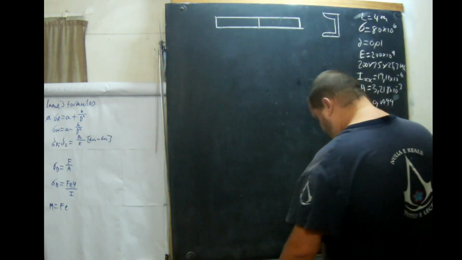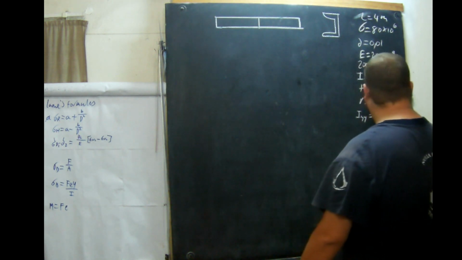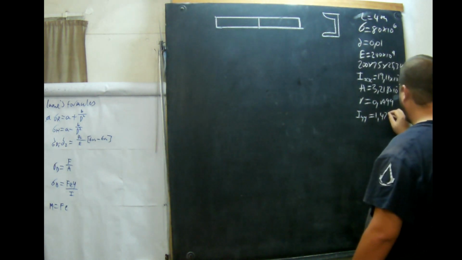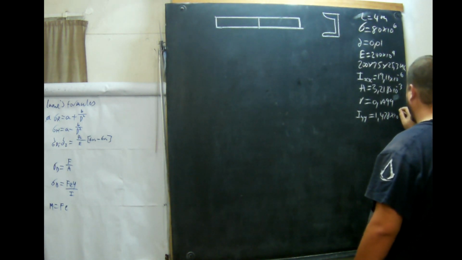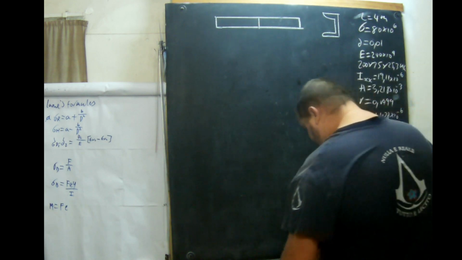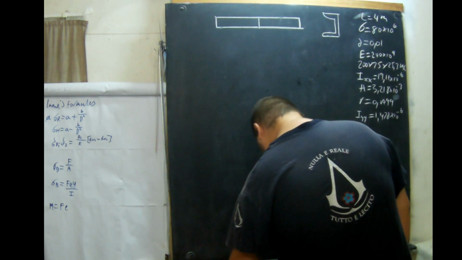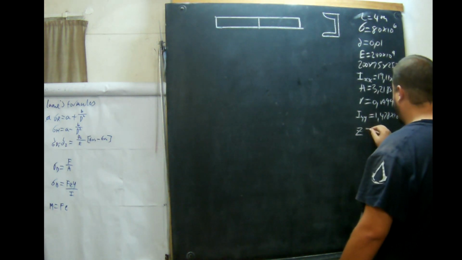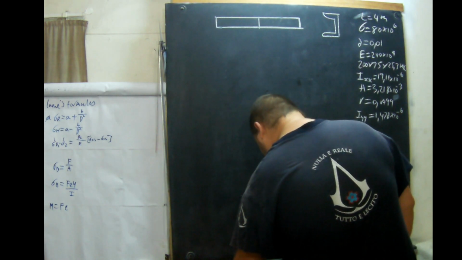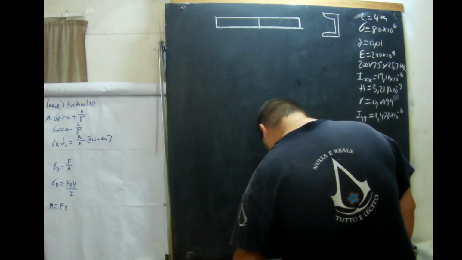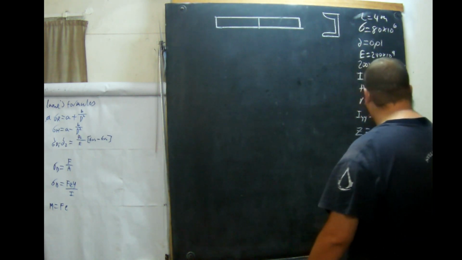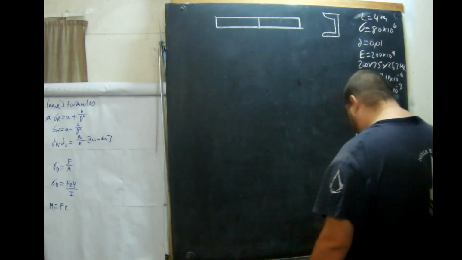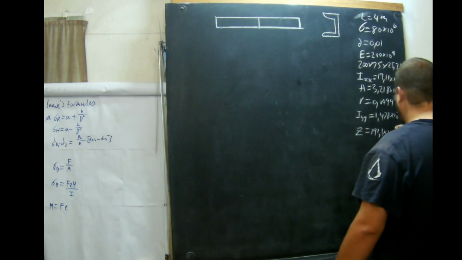I small yy is equal to 1,478 times 10 to the minus 6, and Z equals 191,1 times 10 to the 6.